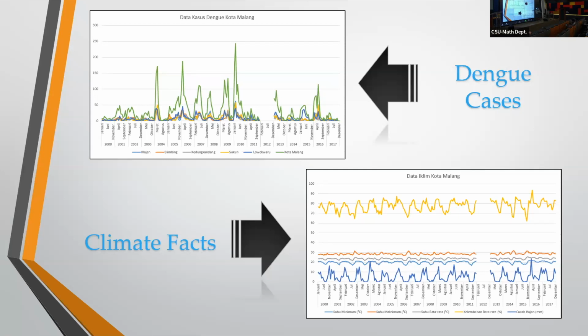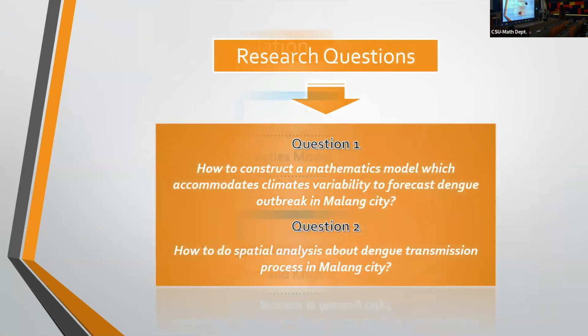We did not estimate or average it, so it is not possible to just make a line. So we have two kinds of data for Malang. For the climate, we also stopped in 2012 to transform the data.